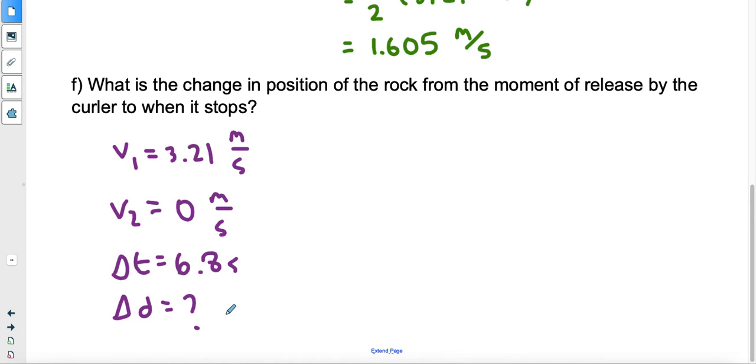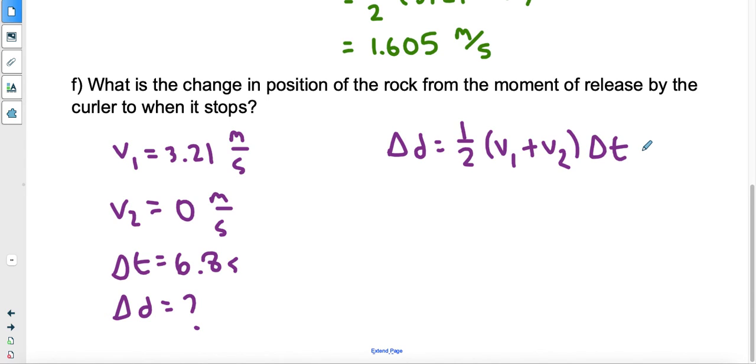Here, I can use the acceleration independent formula to find my displacement. The acceleration independent formula tells us this. If you plug everything in, I know my initial velocity is 3.21, my final velocity is 0, and my time is 6.8 seconds.